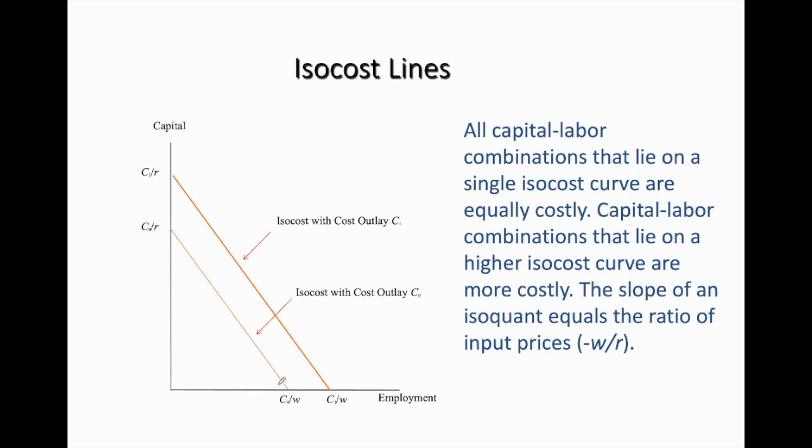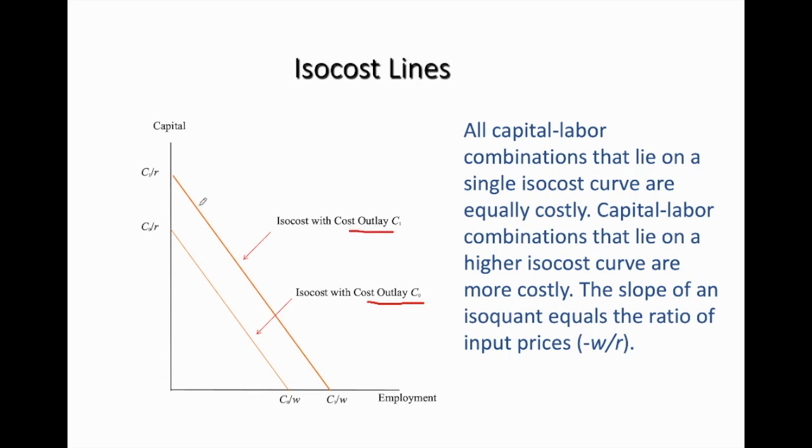All points along an isocost are equally costly. For this line, the isocost has the cost outlay of C0, and this isocost has the cost outlay of C1.